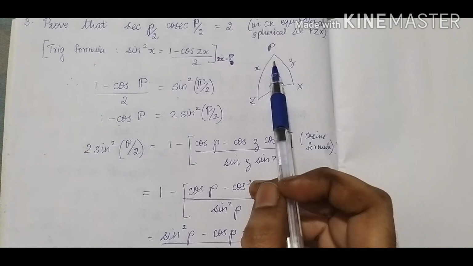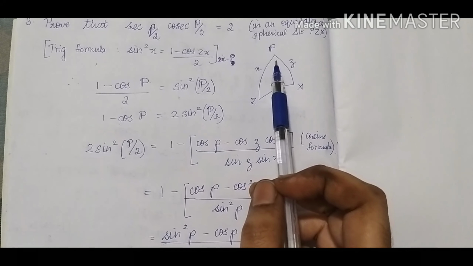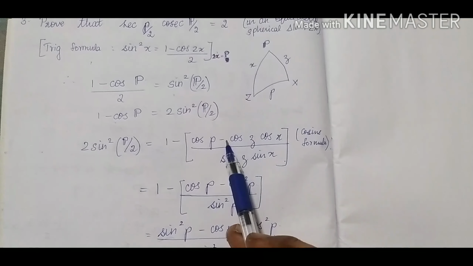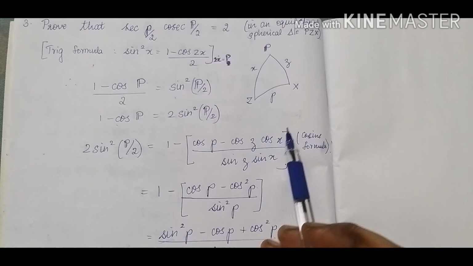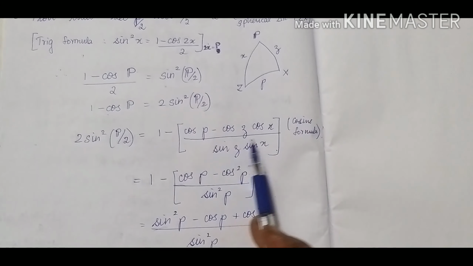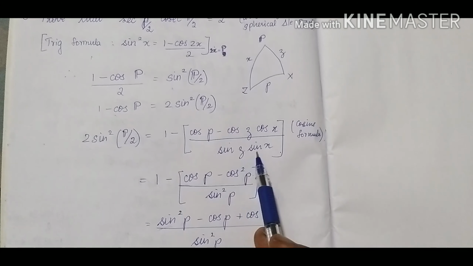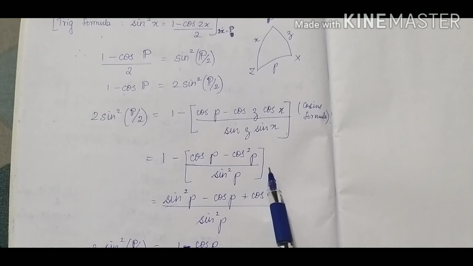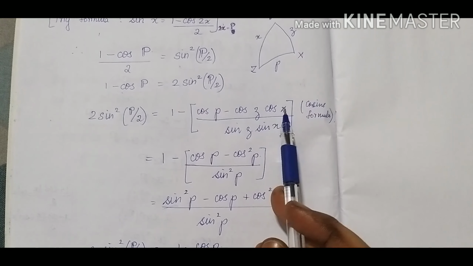So by applying the cosine formula to this angle capital P, we have cos p, cos of the side opposite to angle P, minus cos z into cos x, these two sides which hold this angle capital P, divided by sin z into sin x. Now since this is an equilateral spherical triangle, the sides will be equal.